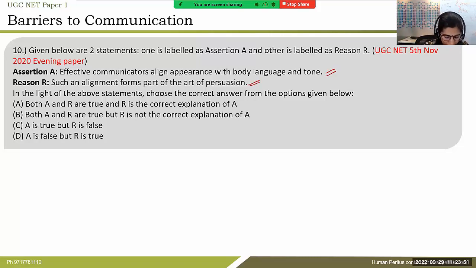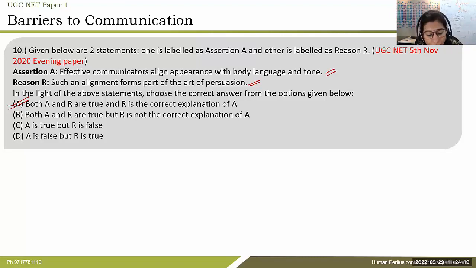Let me tell you that both are true, and the reason given is the correct explanation for the assertion being stated here. Why? Because when you are an effective communicator and you want to communicate something, your body language and your tone would also be coordinated with what you actually want to deliver, and that becomes an art of persuasion, because that is why you will be able to persuade the receiver about the message you want to communicate.